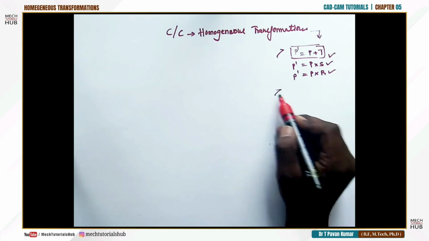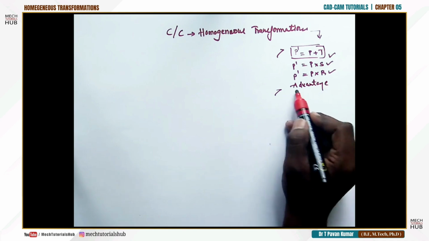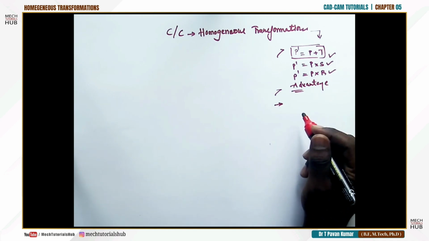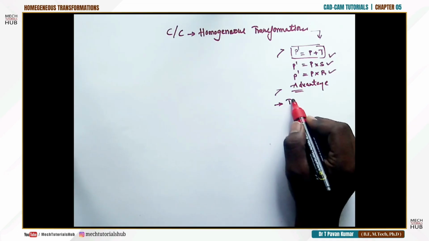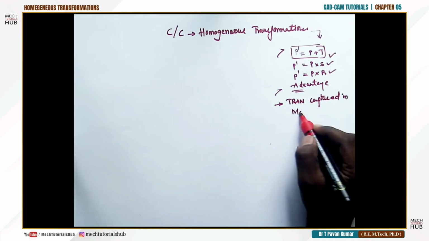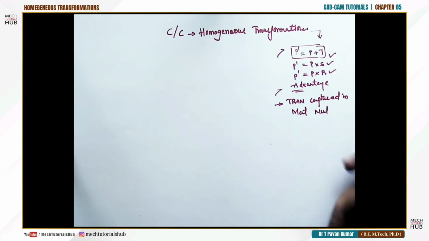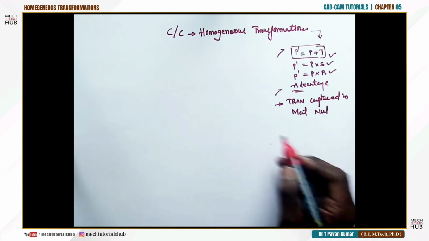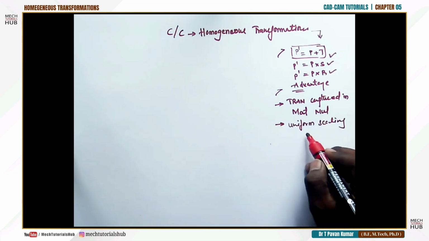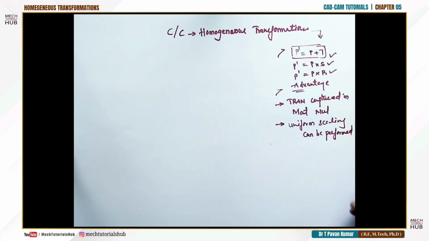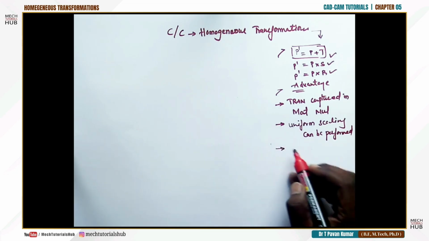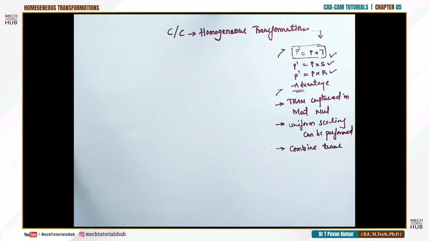The first advantage is that translation can be captured in matrix multiplication format, in simple words. One more important advantage is that uniform scaling can be performed. And the most important one is we can combine the transformations.